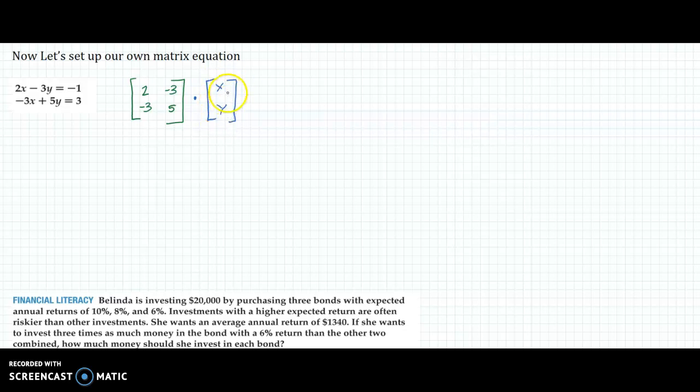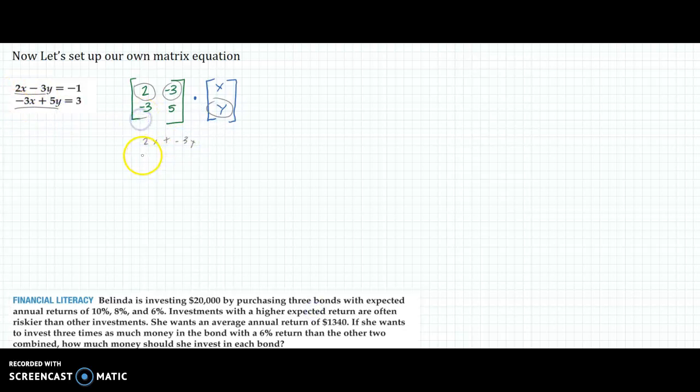Now we write it like this because technically, if you were to multiply this back out, remember you do row times column. So you would do 2 times x plus -3 times y, and you end up in the exact same situation.